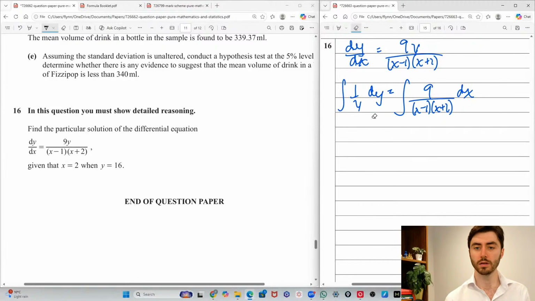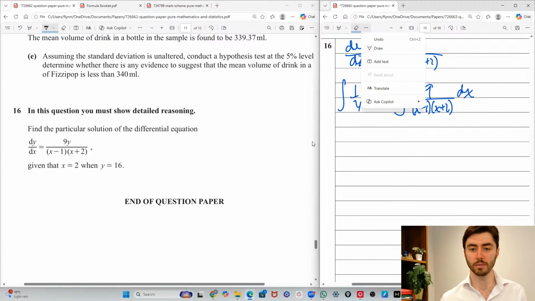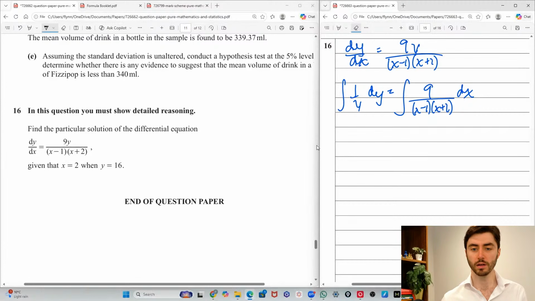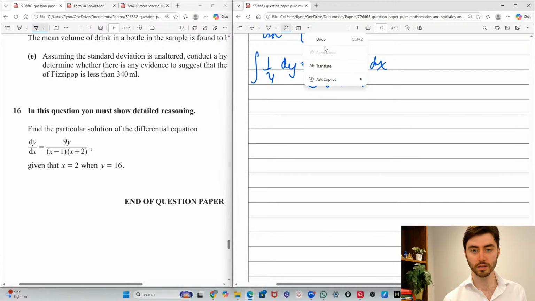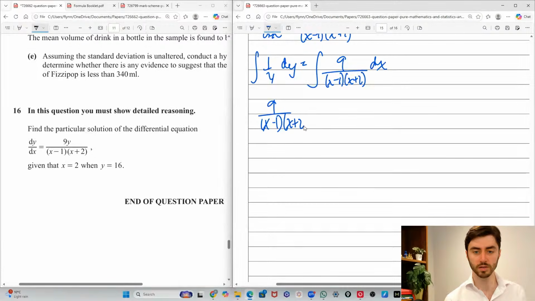So, in fact, let me give myself some more room here. So, we've got that 9 over x minus 1, x plus 2 is going to be equal to A over x minus 1 and B over x plus 2.